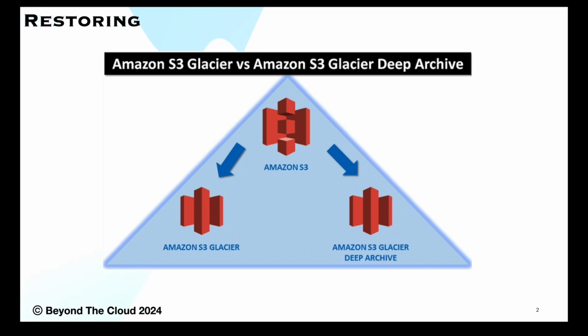In S3 standard, that is not the case. If you have data in the S3 standard storage class, you can directly copy it out of the bucket to your local. But if it is in Glacier or Glacier deep archive, you first have to give a restore request to AWS saying that yes, I need the data.